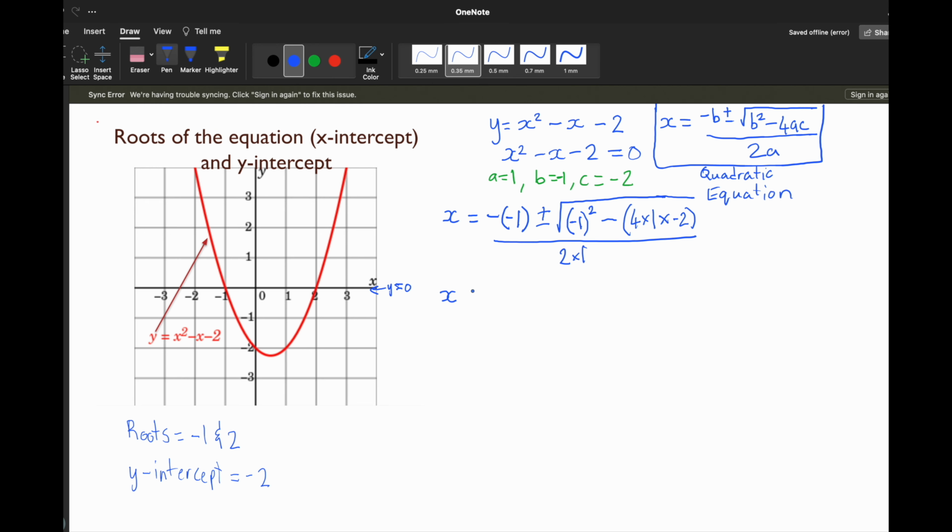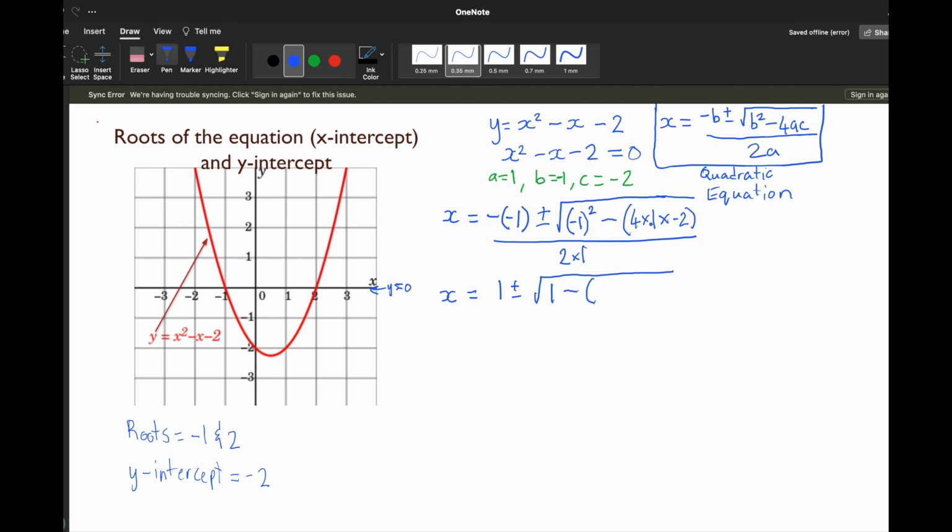I can say that x is equal to, so I know -1 would turn to a what? Positive. So I'll have +1 plus or minus, and then I'll have the square root of, so check this out now. -1 squared is the same as -1 times -1, which is 1. Excellent, 1. So 1 minus, open brackets, now I have to work this out.